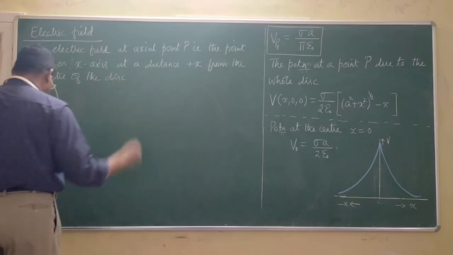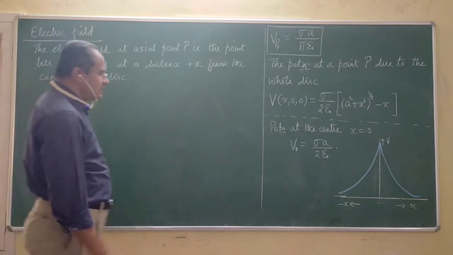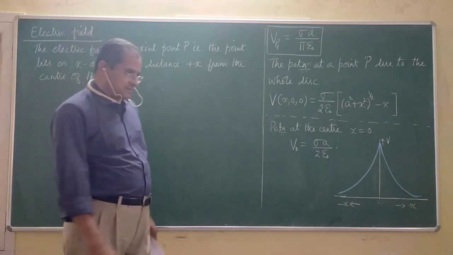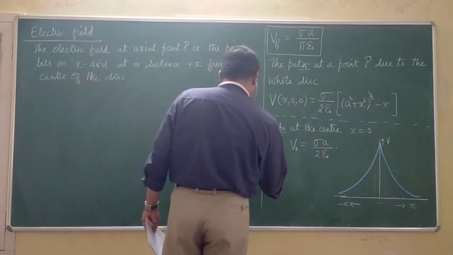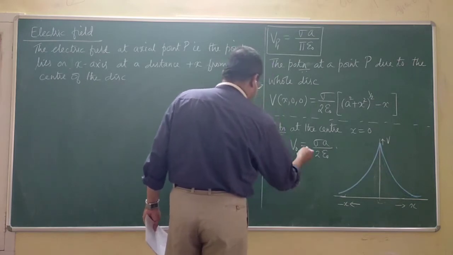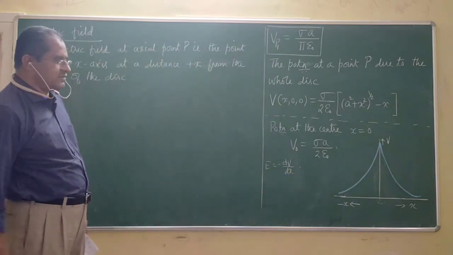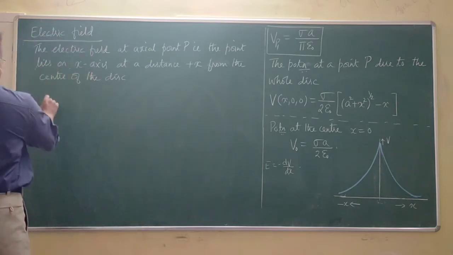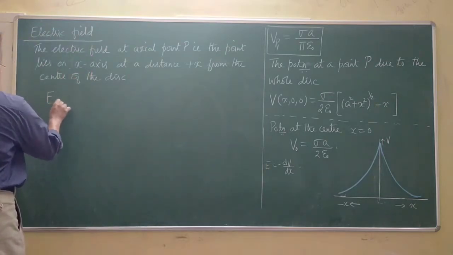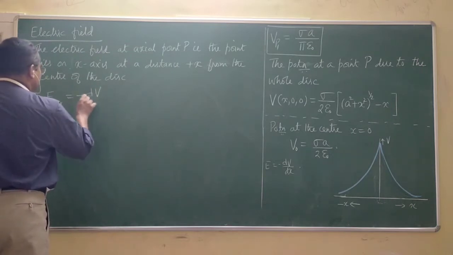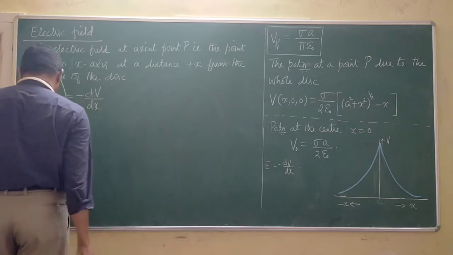Okay, what do we do? We already have studied E is equal to minus del V, or E is equal to minus dV by dx. This is what we are going to use because we want to find out along the x-axis. Therefore, E plus x is equal to minus dV by dx.